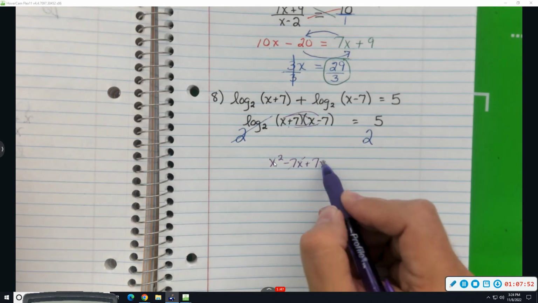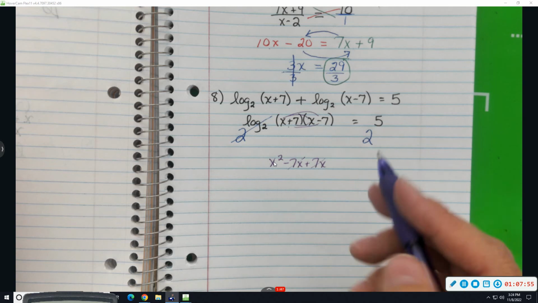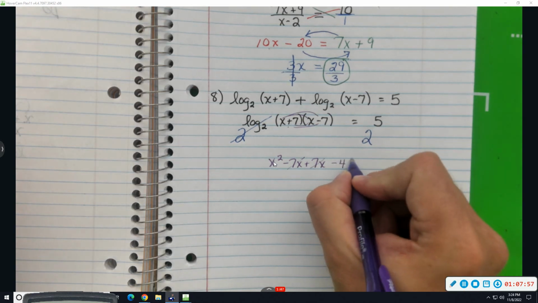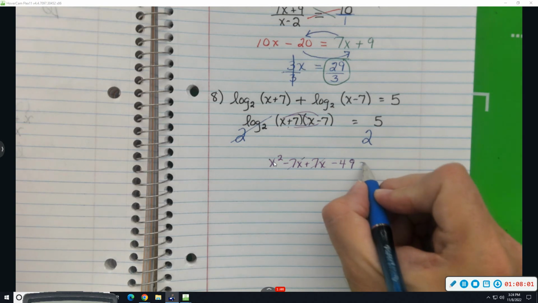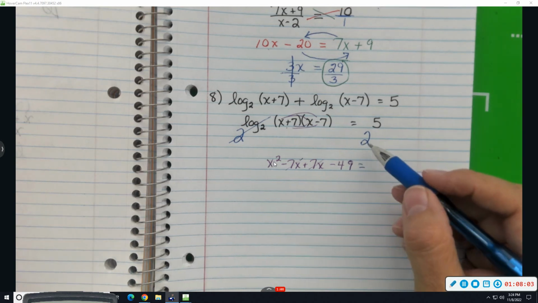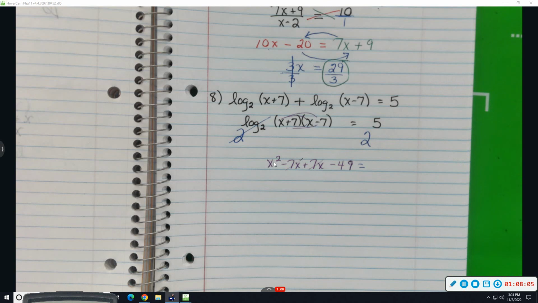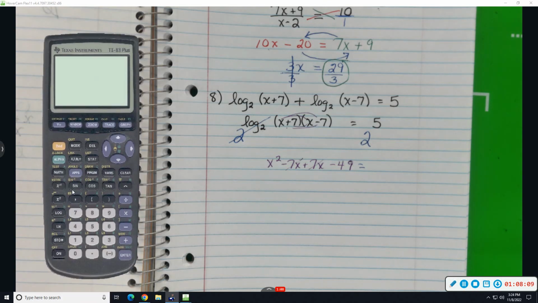See, those are subtracting out. And then a minus 49 equals, don't say 10, 2 to the 5th. 2 times 2 is 4, times 2 is 8, times 2 is 16, times 1 more 2 is 32. 2 to the 5th is 32.